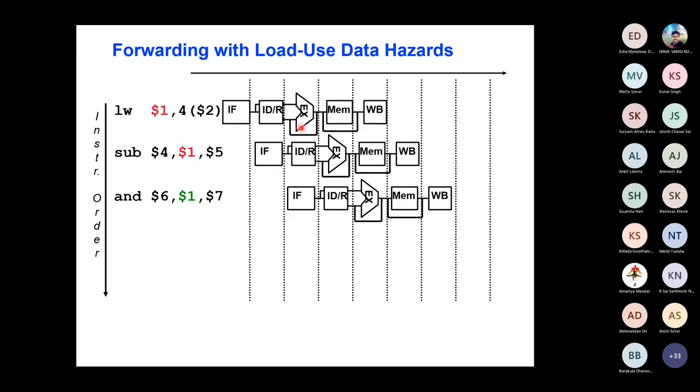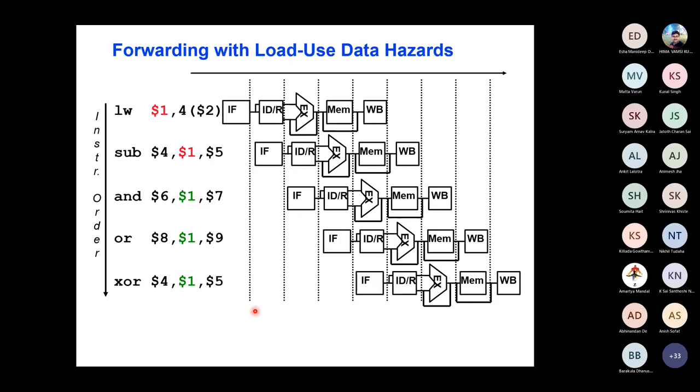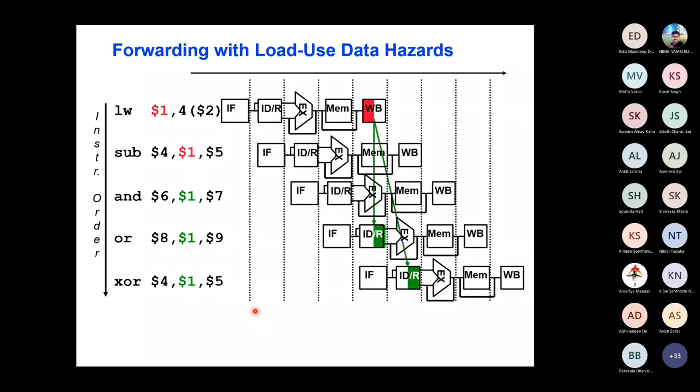If I set this data path from the memory output to the execute input, would that help? Subsequently, other instructions are also entering into the pipeline with the same source register. The last two are no problem.